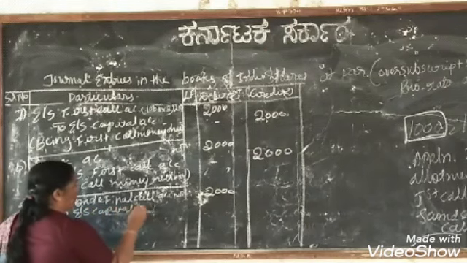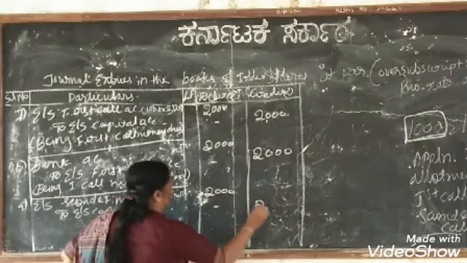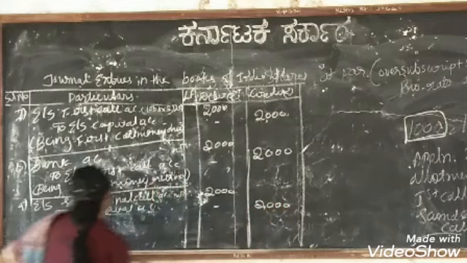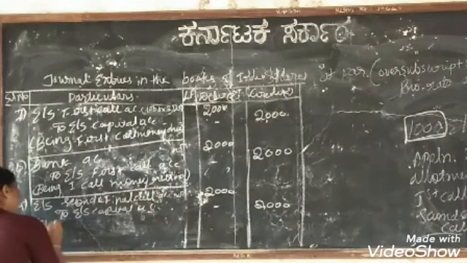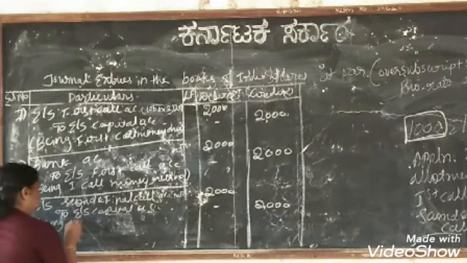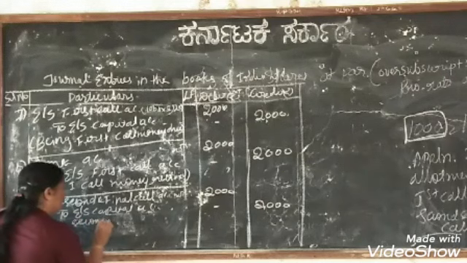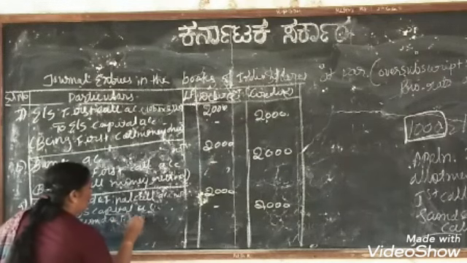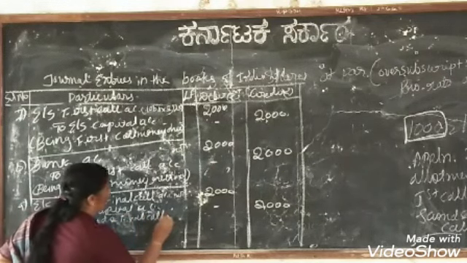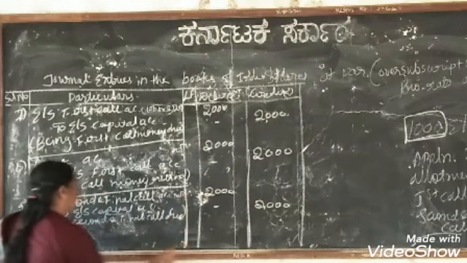It is to be capitalized. Capital account 2,000. Narration: being second and final call money due.